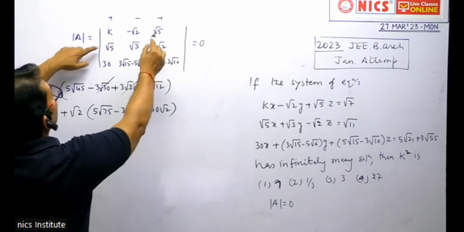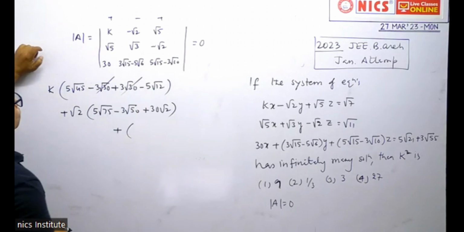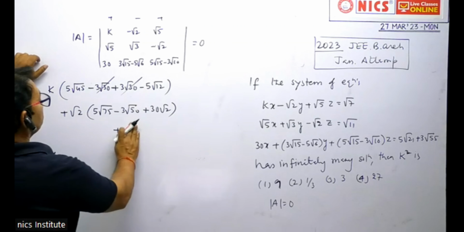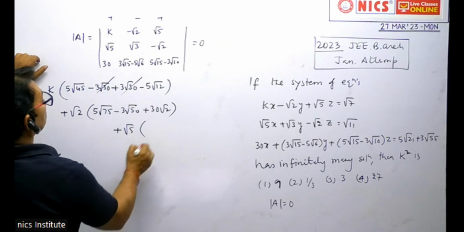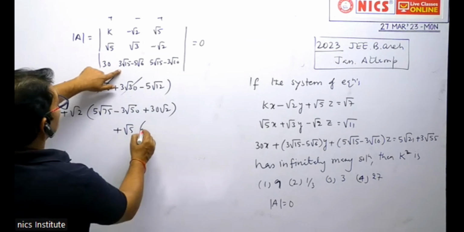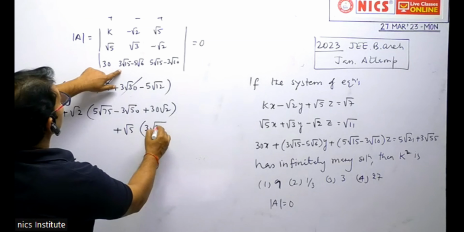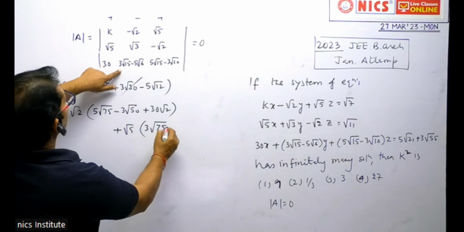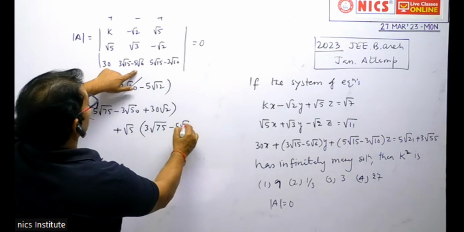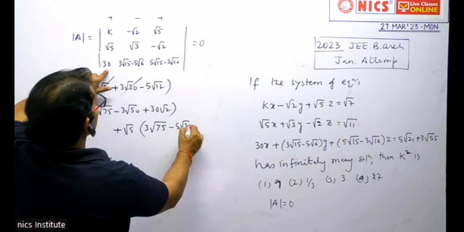Then root 5. This into this, and this into this.